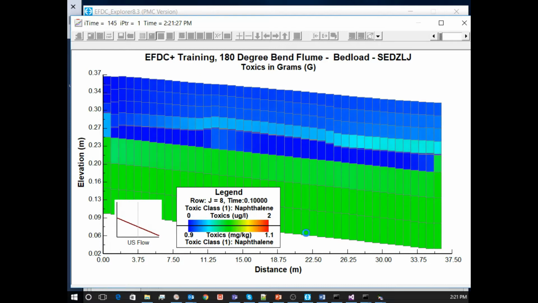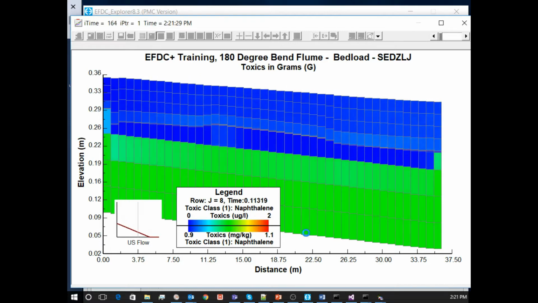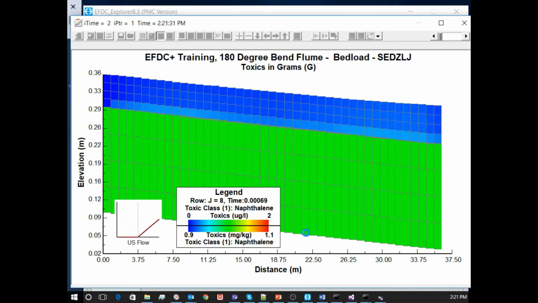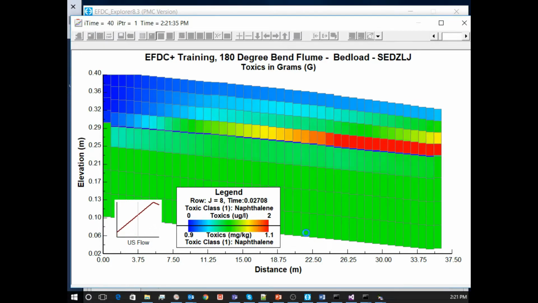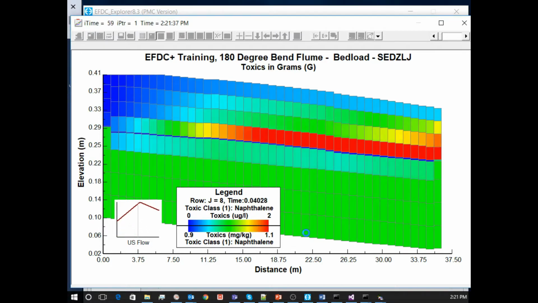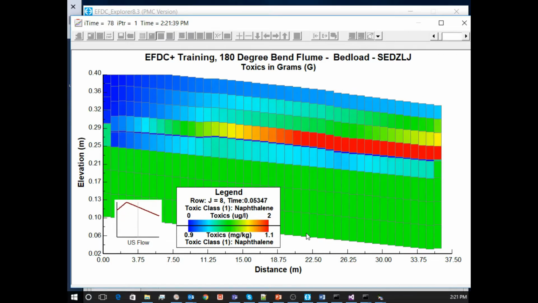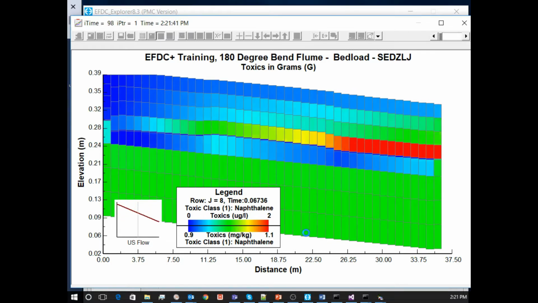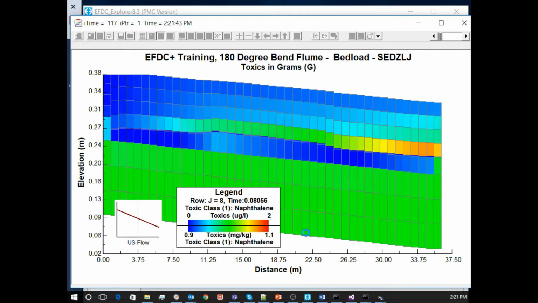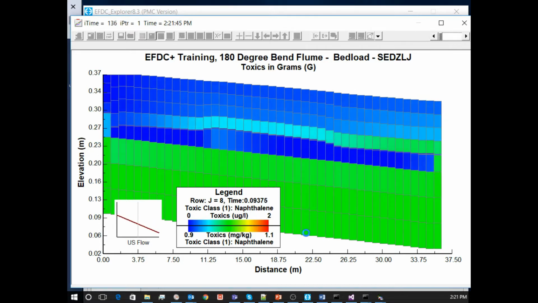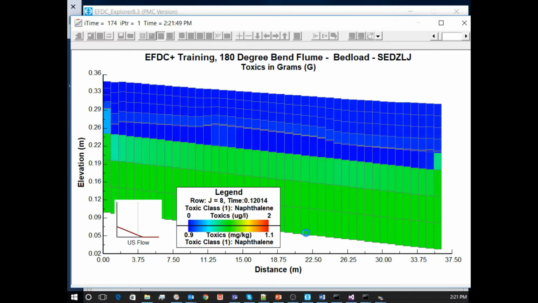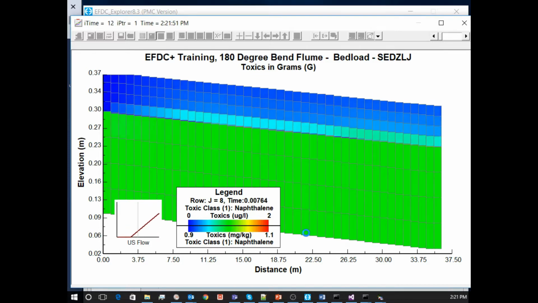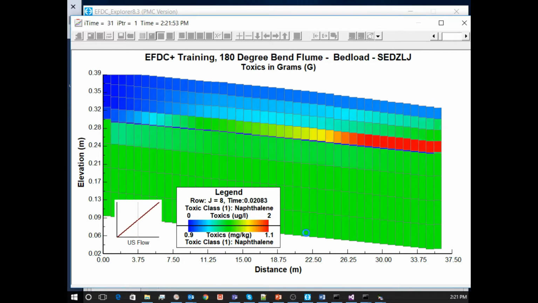This is why I love having these little quick runs, these test cases, because you can gain a lot of insight into the model performance and behavior by just making these quick little runs on something that runs fast and is easy to visualize, and then you can take what you've learned and scale it up to your larger scale model.